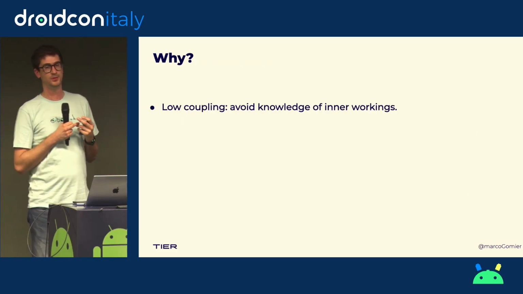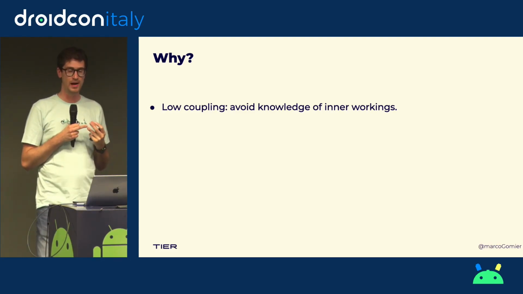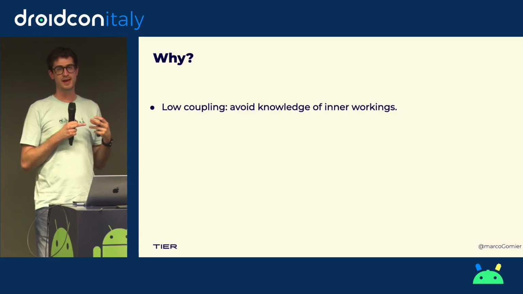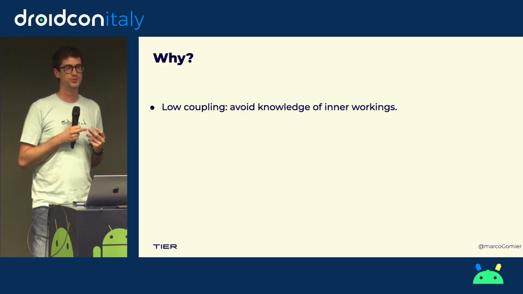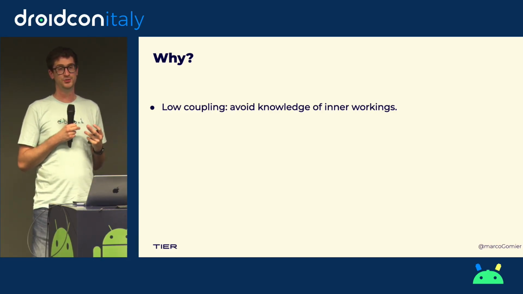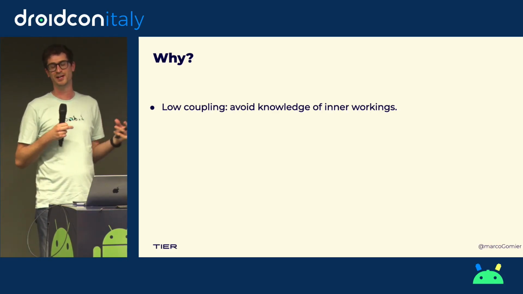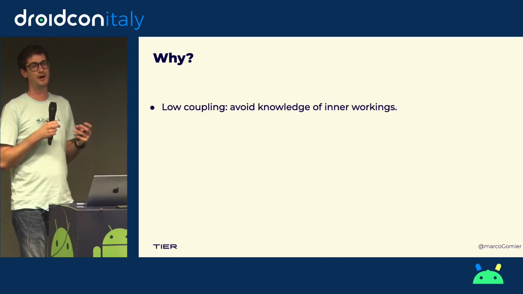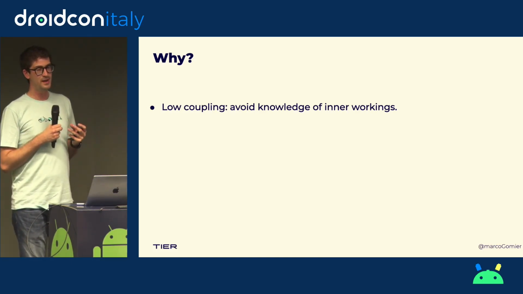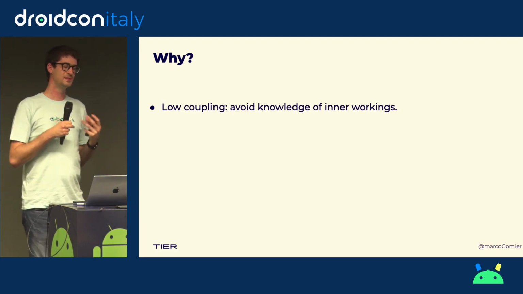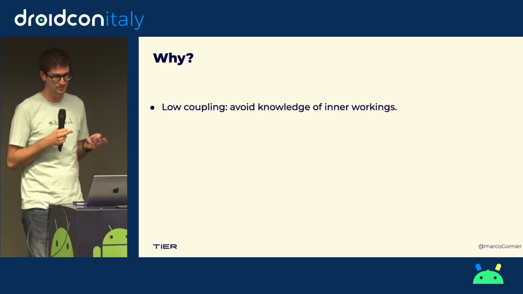Well, first of all, because it allows for low coupling, so you can avoid having knowledge of the inner workings. For example, if you just want to launch a feature that another team has developed, you don't care about the internals or how it's done. You just care about starting something. In this way, you can avoid looking into the source code to understand how the thing is done, because you just have to read an interface and that's it.